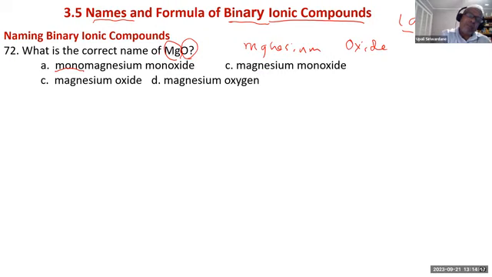Mono means one magnesium cation. We don't use this, either on the cation side or the anion side. So this one is okay, but in this one mono is used. Ionic compounds, no prefixes.